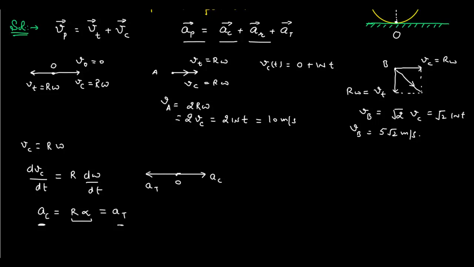Hence the net acceleration along the horizontal, or along the ground, or you can say the relative acceleration here with respect to the ground, is 0, and the only acceleration left is the centripetal acceleration, or the radial acceleration, and that will act towards the center of the wheel.